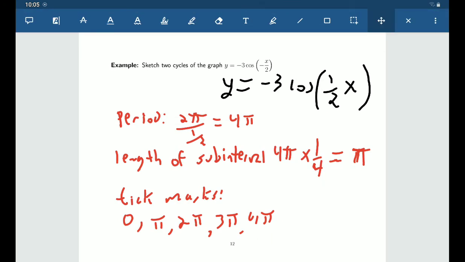So now we are ready to go. We have our x-axis created. We'll know for our y-axis that the y values will be as large as positive 3 and as small as negative 3, because of the negative 3 in front of the cos of half x.